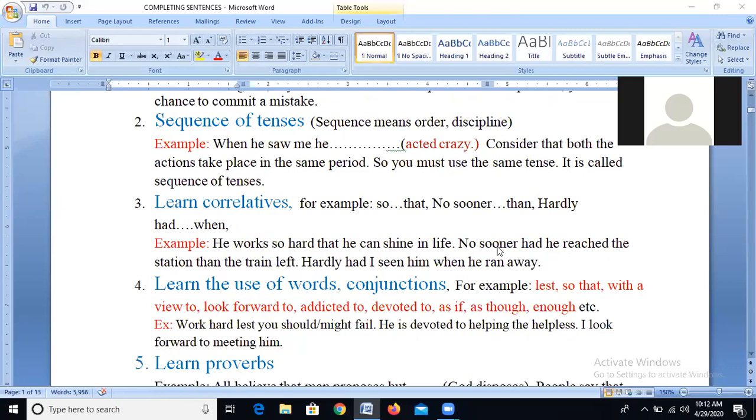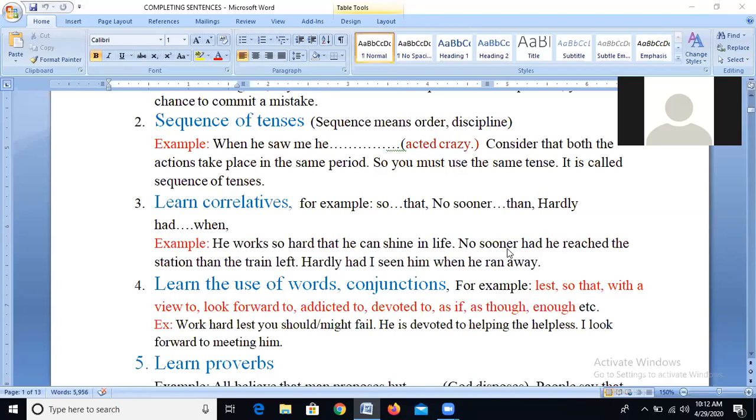Actually, while you will attempt this particular topic, you should have some basic ideas of different topics of English grammar. Suppose you should have the ideas of degree. What is a degree? Degree means comparison.